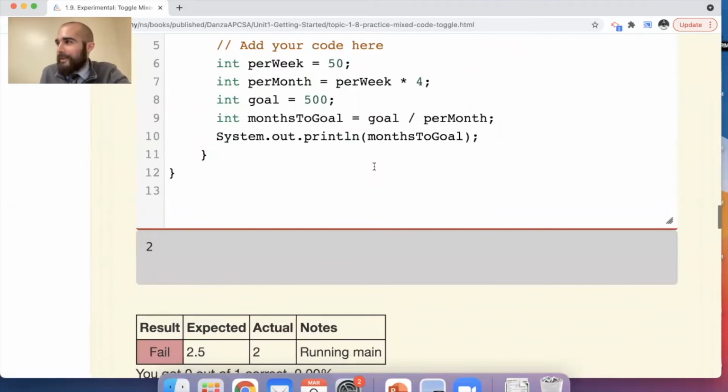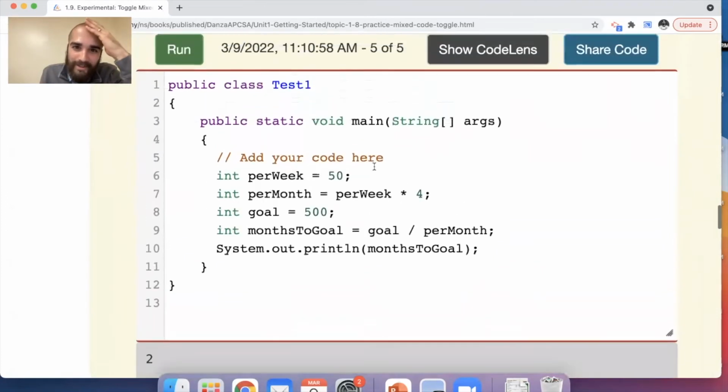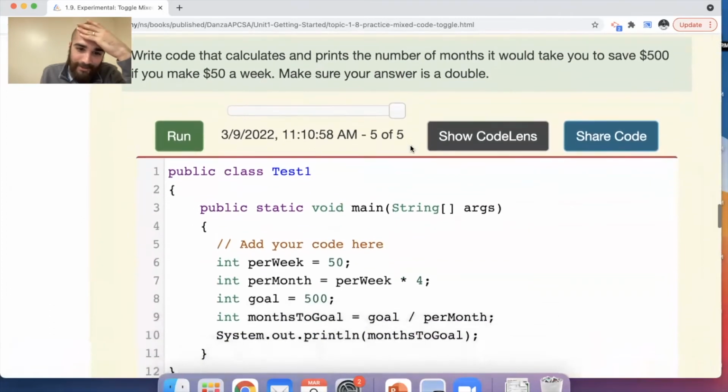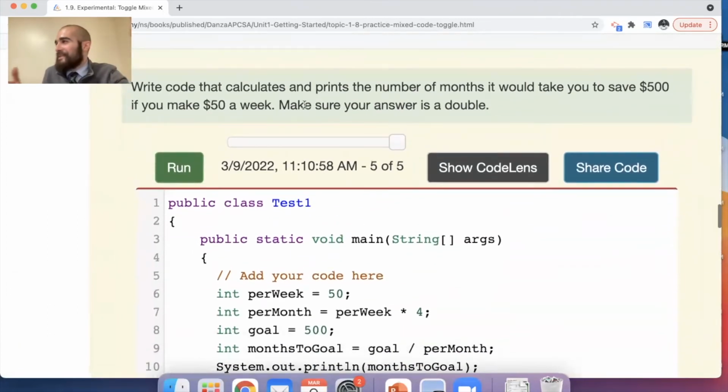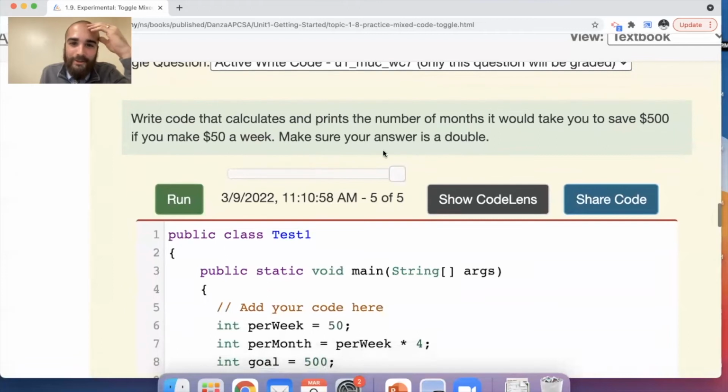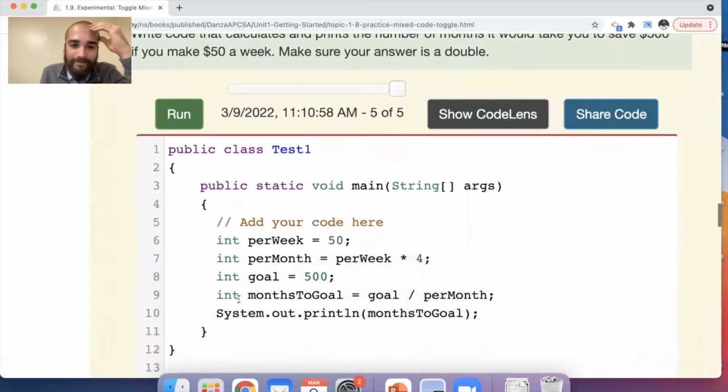I thought that's what it wanted though. I didn't realize it wanted like half a month, right? I don't think it's specified that it wanted. Oh, make sure your answer is a double. I need to do better at reading. I was an English major my first year of college, and that's why I switched my English major. Make sure your answer is a double.